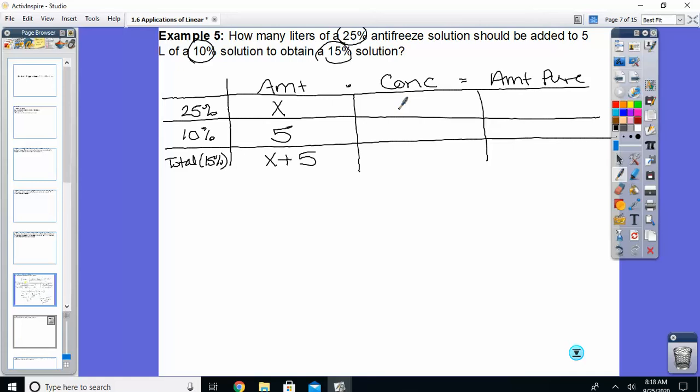The first one would be 25%, so we put 0.25. 10% we put 0.1. 15% we put 0.15. Remember, with percent you move your decimal back 2. Now we just use the formula, multiply. So we have 0.25x. We have to do 0.1 times our 5. 0.15 times the x plus 5.